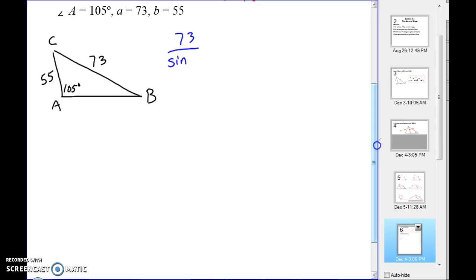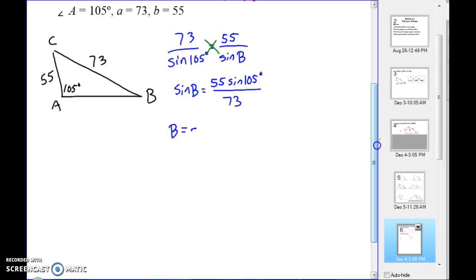73 over sine 105 degrees equals 55 over sine of angle B. To solve this, I'm going to cross multiply and then divide by 73, and I'll get sine of B equals 55 times the sine of 105 degrees divided by 73. Then, to solve for B, I need to do inverse sine.